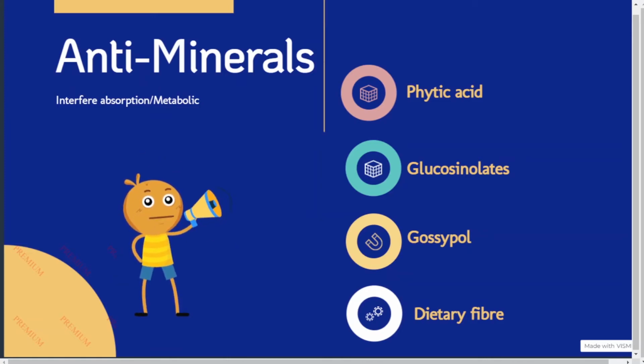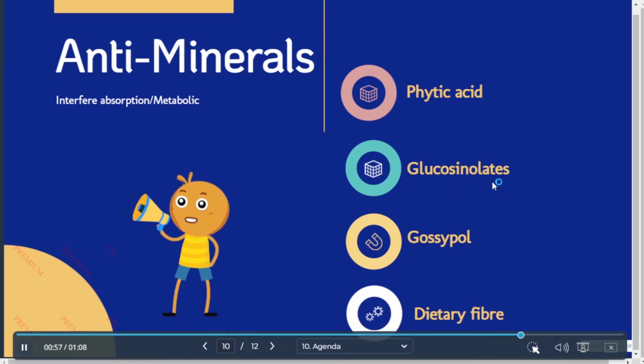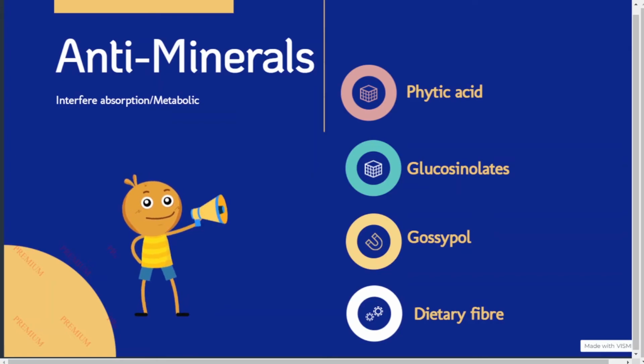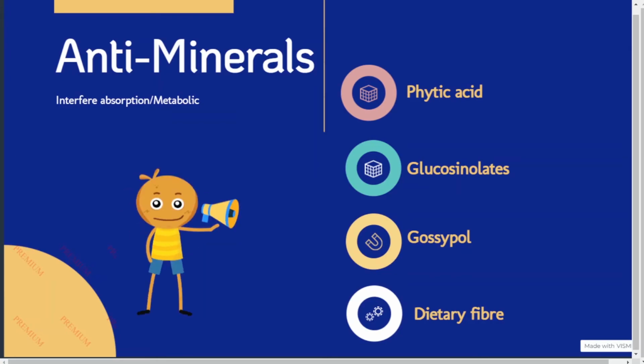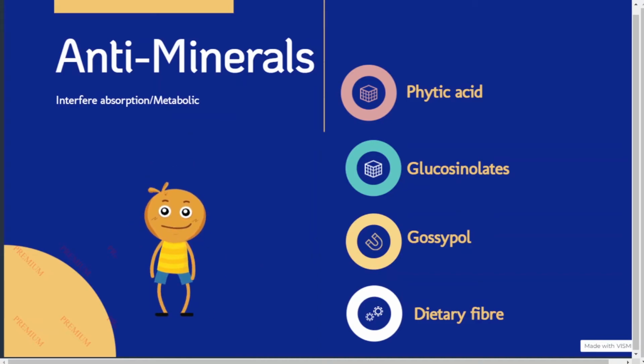Okay, going to next, glucosinolates. Glucosinolates decrease your iodine uptake. And obviously, if you have this type of iodine uptake problem, you will subsequently have goiter and other thyroid problems, right?